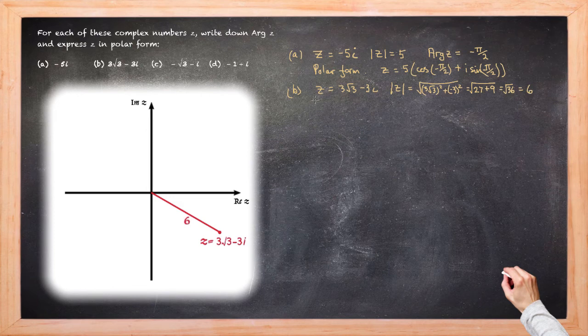Now the first step in finding the principal argument would be finding the first quadrant angle. And to do that we have phi, it's tan to the minus 1, and we look at the imaginary part, make it positive if need be, that's 3, and the real part 3 root 3. 3's cancel, we get tan to the minus 1 of 1 over root 3.